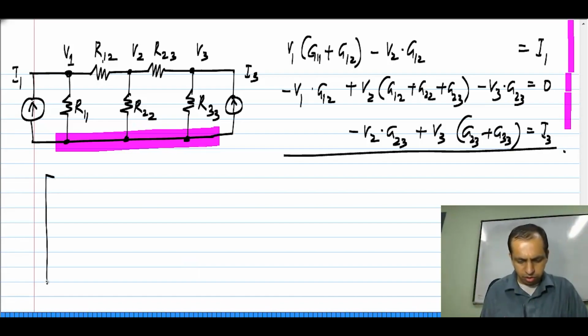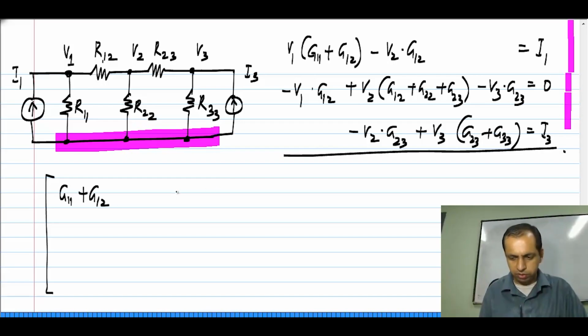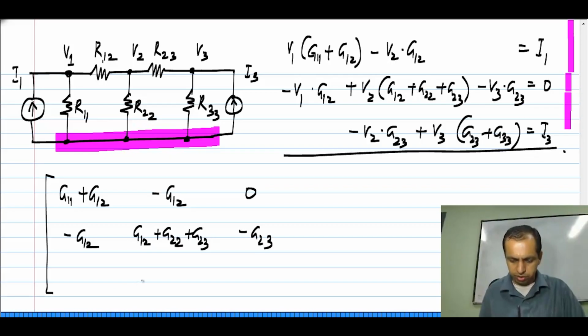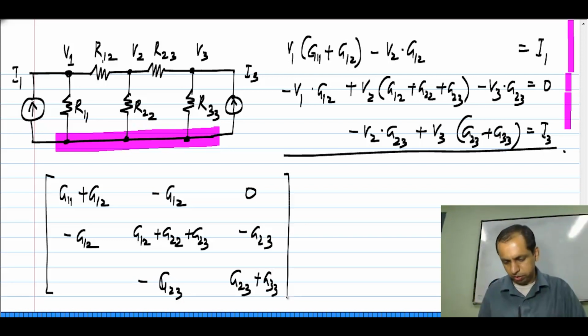So, what I do is I write this set of linear equations, which can be done for any set of linear equations, as a matrix: G11 plus G12, minus G12, 0; minus G12, G12 plus G22 plus G23, minus G23; and finally 0, minus G23, G23 plus G33.